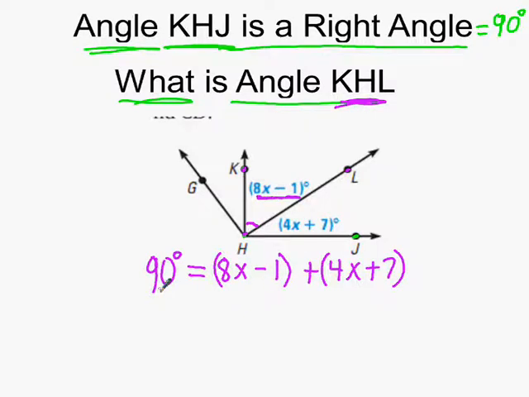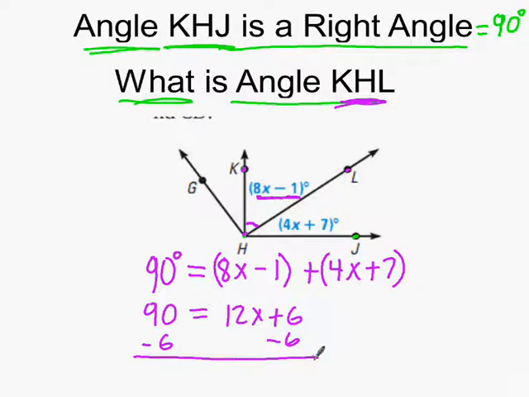So if we put things together, we got 8x and 4x. Let's throw them together. It's going to be 12x. Negative 1 and 7, we have plus 6, which equals 90. We subtract 6 from both sides. We then say this is 84 degrees, which equals 12x.